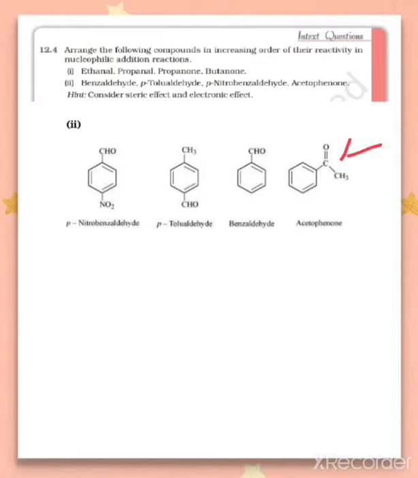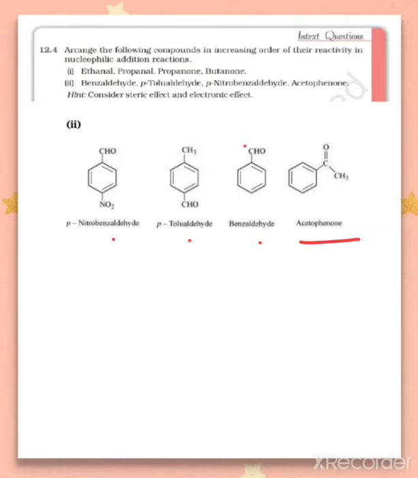This is actually the ketone because all others are aldehyde. So ketones are less reactive than the aldehyde. So from this, which one is the least reactive? That is acetophenone is the least reactive. Now we have to compare the reactivity of the other three. Now look at here, what is common in this?